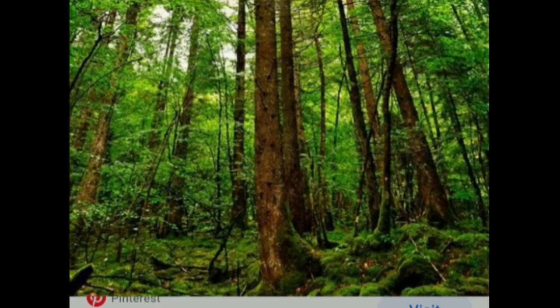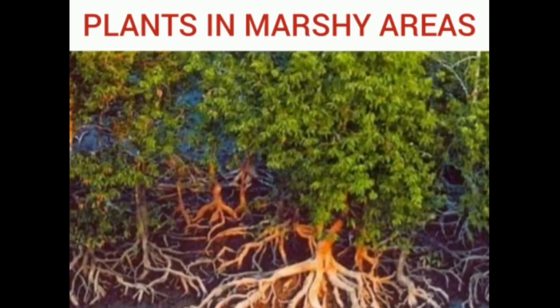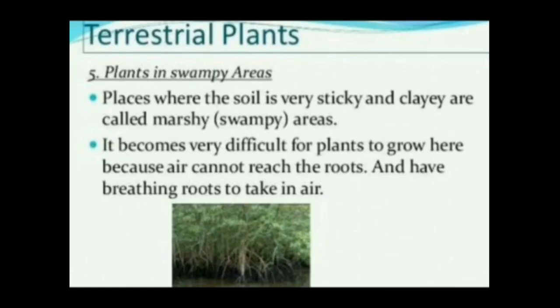5. Plants growing in swampy or marshy land. Children, what is meant by marshy land? Do you know about that? Here, the soil is clayey and sticky. So, the water does not drain out.